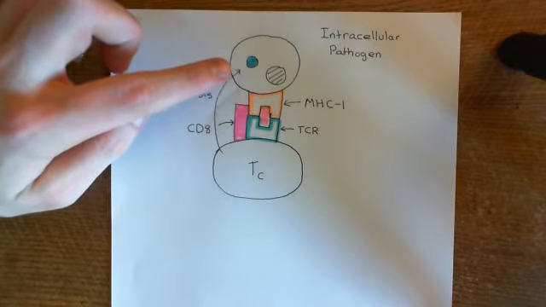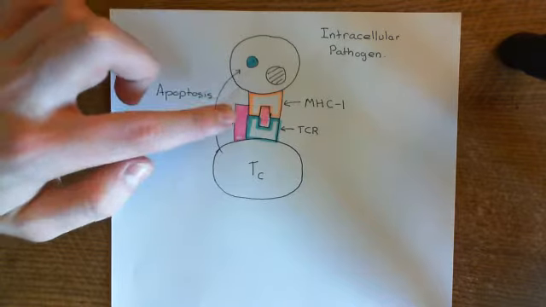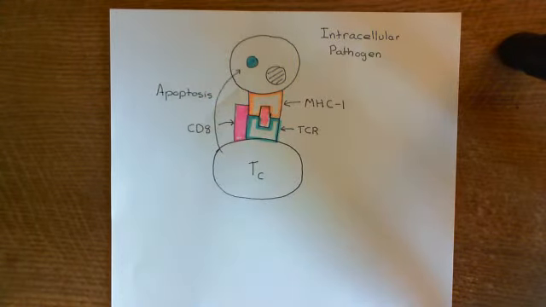So they continuously chop up proteins that are within their cytoplasm and present them on MHC class I protein complexes on their surface. So basically, cells which have viruses or this intracellular pathogen within them will have MHC class I complexes with this antigen fragment on their surface.